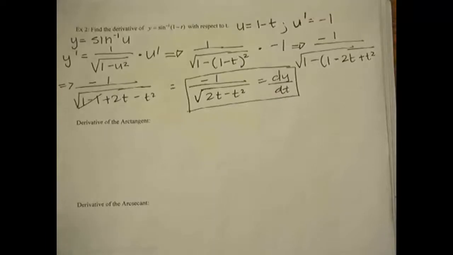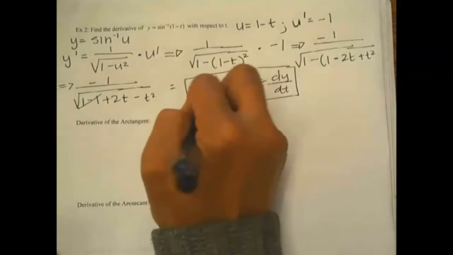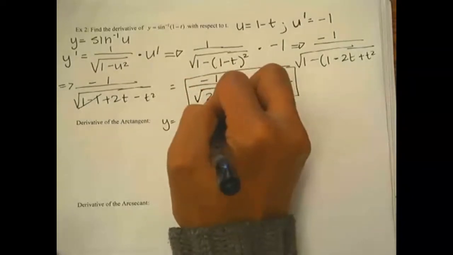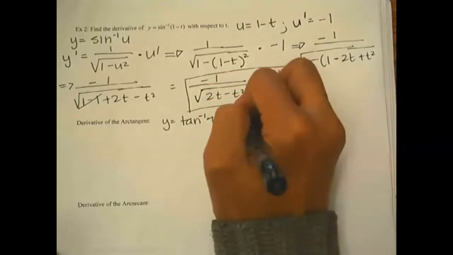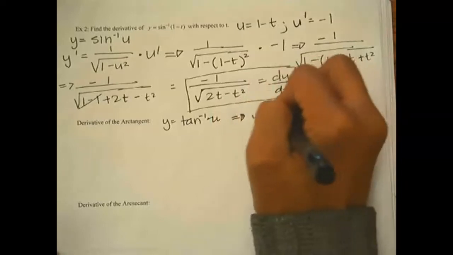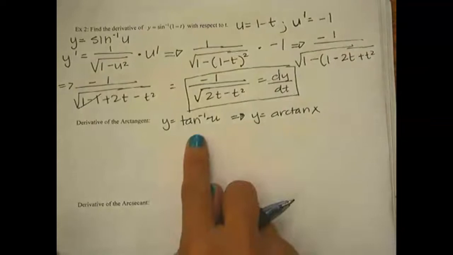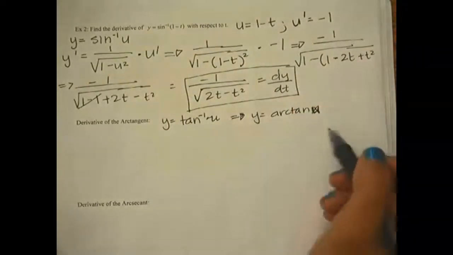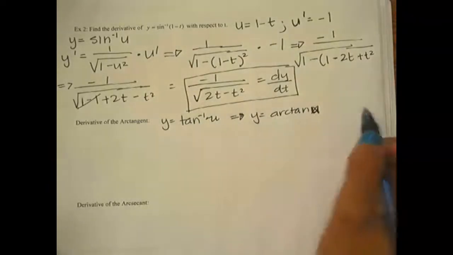All right, 2 more equations to memorize. Okay. The derivative of tangent inverse. So let's give you y equals tangent inverse of x, or let's use u, since I'm using u. Some books will use y equals arctangent of x. So y equals tangent inverse of u is the same as y equals arctangent of u.